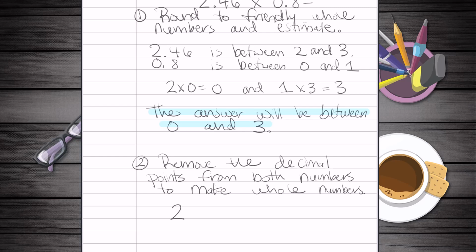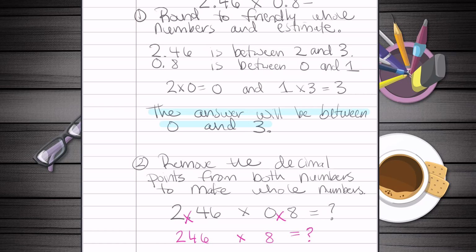I'm going to rewrite my problem, 2 and 46 hundredths multiplied by 8 tenths. When I remove the decimal point from 2 and 46 hundredths, I get 246. And when I remove the decimal point from 8 tenths, we get the number 8. We don't put the 0 in front of the 8.